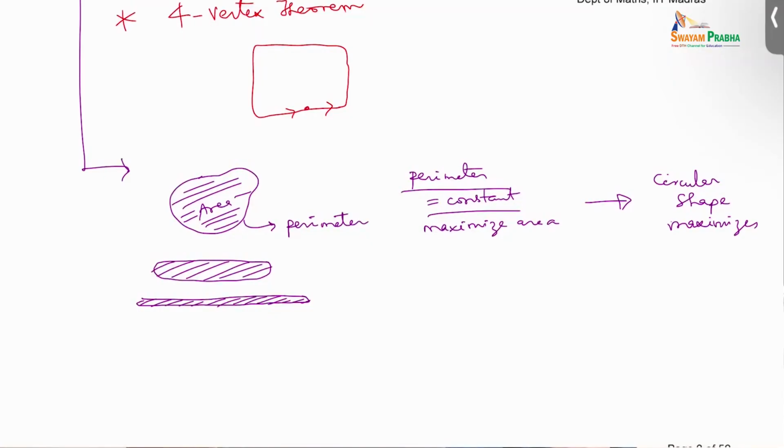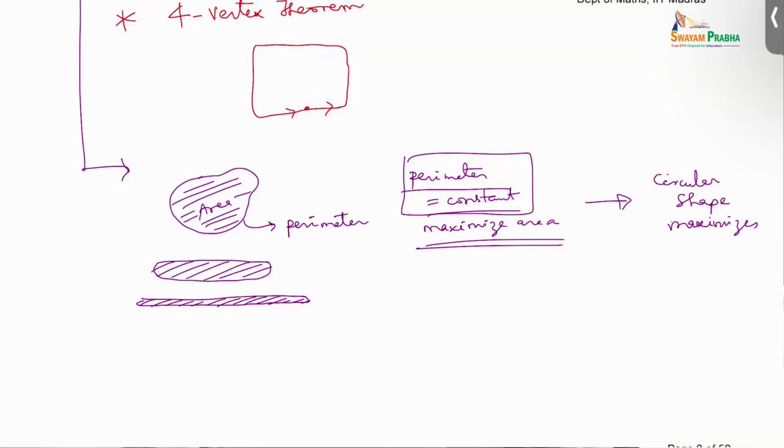Here what I am doing is, basically I am keeping the perimeter constant and I am trying to maximize area. Okay, I can do another thing. I can try to keep the area constant, and then try to change the perimeter.